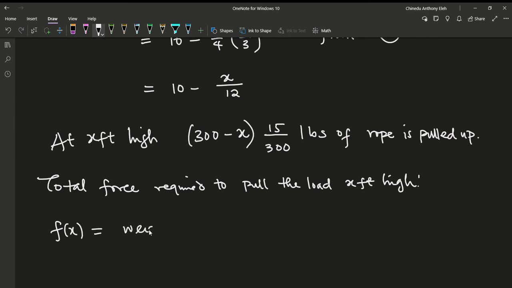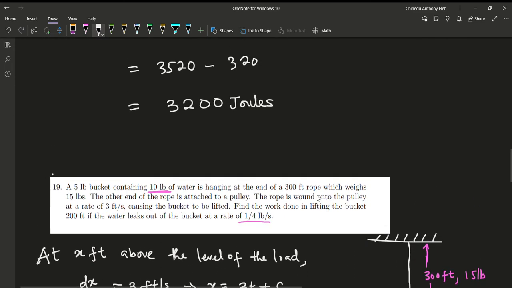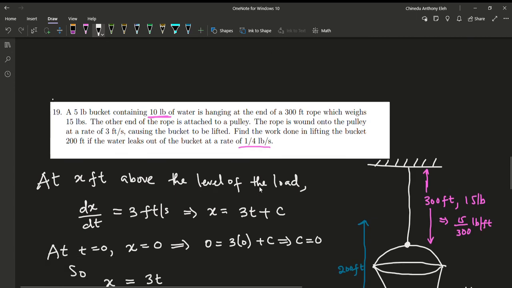As before, it depends on what? Weight of bucket, which is the empty bucket, plus weight of water, and plus this time around the weight of rope is not negligible, so we have to add the weight of rope. And we've computed this except for the weight of bucket, which is given.